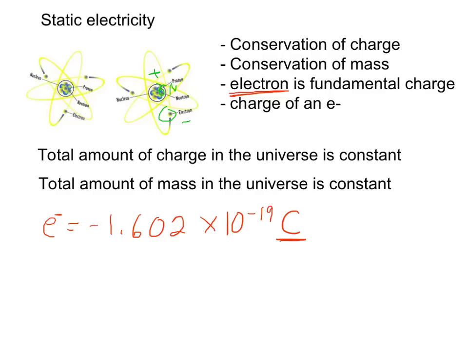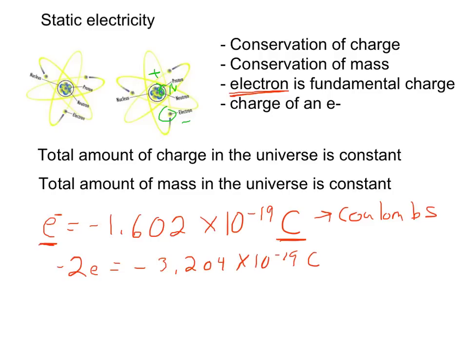And coulombs is C, so that C is coulombs. That's the unit for charge. E negative is the usual symbol for electron, or charge on an electron. So if I said something, in my first example, has a charge of negative 2e, that would be negative 3.204 times 10 to the negative 19th coulombs.